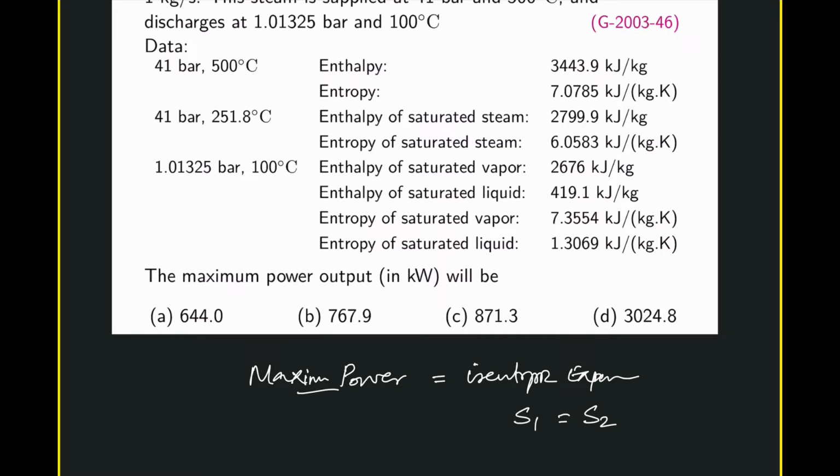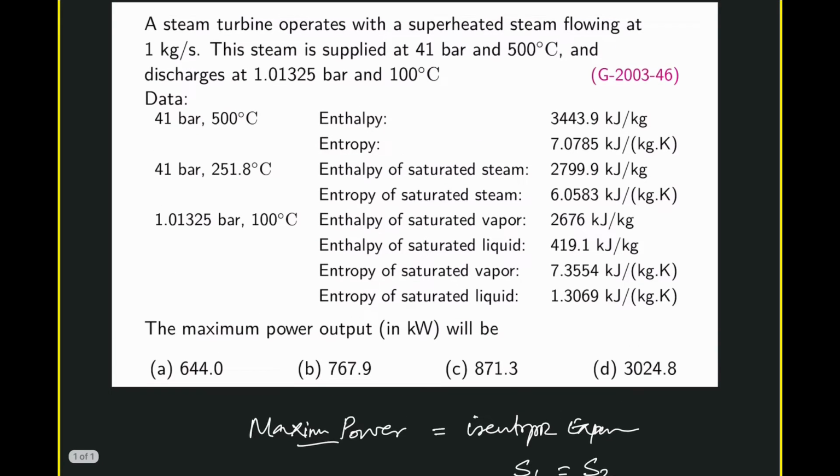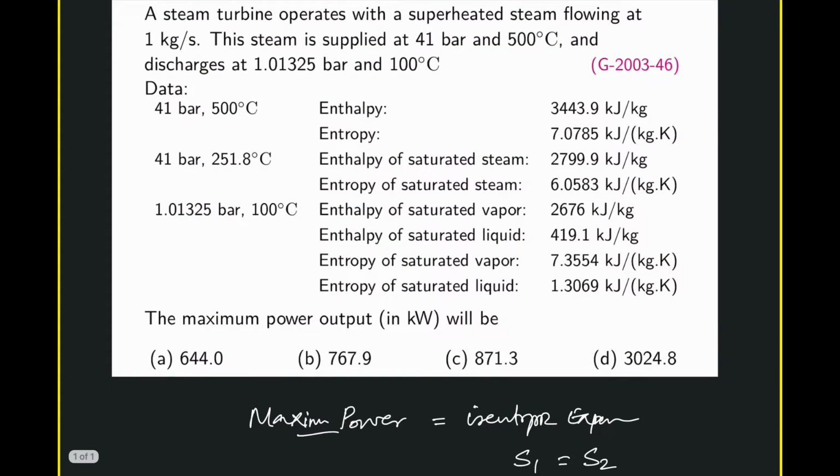So let us again go through the data. The entropy at the inlet condition is 7.0785 kilojoule per kg Kelvin. The exit condition corresponds to 1.01325 bar and 100 degrees Celsius, but we don't know whether it is a saturated vapor, a mixture of vapor and liquid, or a superheated vapor.